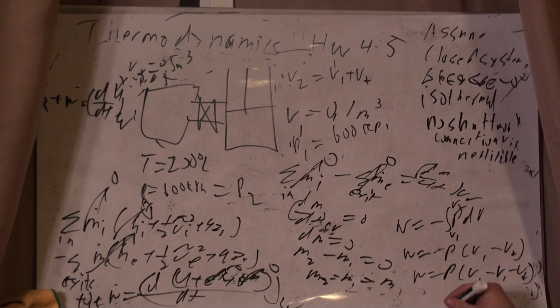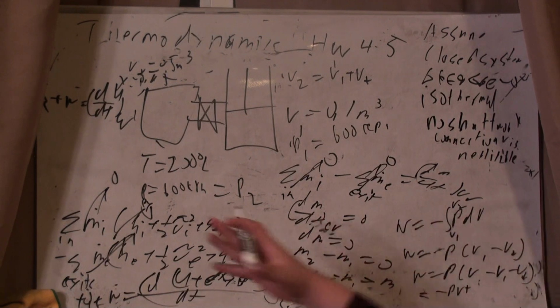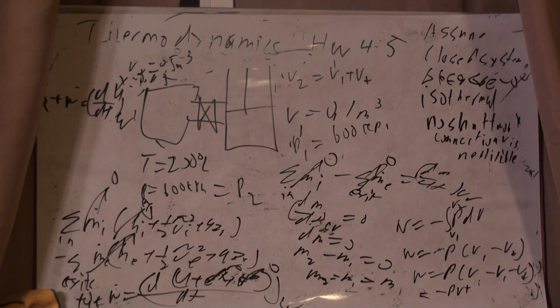So my work is going to be minus P times the V of the tank, because that's how much it's going to expand. Basically it's equal to minus P V tank. So there's my work.